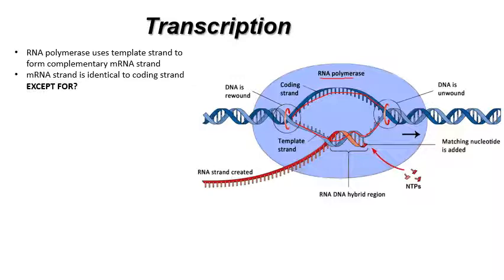So if it's A here, the corresponding messenger RNA would be U here. So this RNA strand is basically an exact copy of this coding strand, except for T. Any T here would be made into a U in the RNA strand.